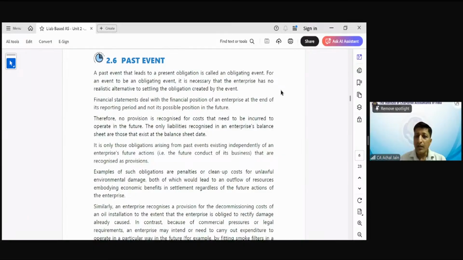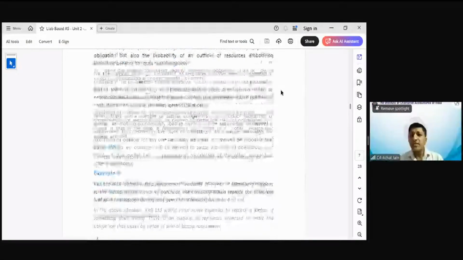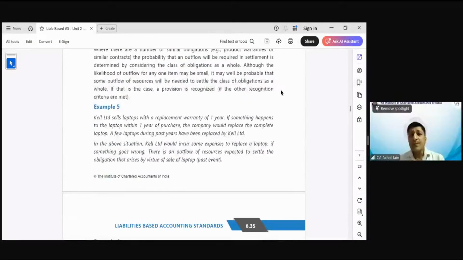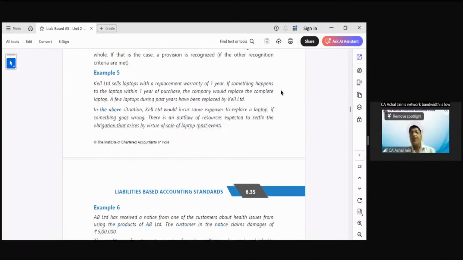Dell Limited sells laptops with a replacement warranty of 1 year. If something happens to the laptop within 1 year of purchase, the company would replace the complete laptop. So in fact, it's not a warranty, it appears to be a guarantee. A few laptops during the past years have been replaced by Dell Limited.